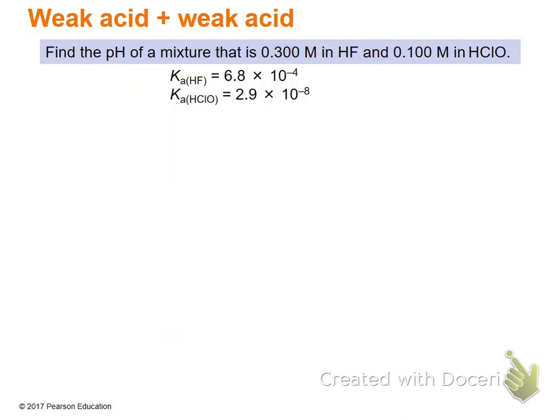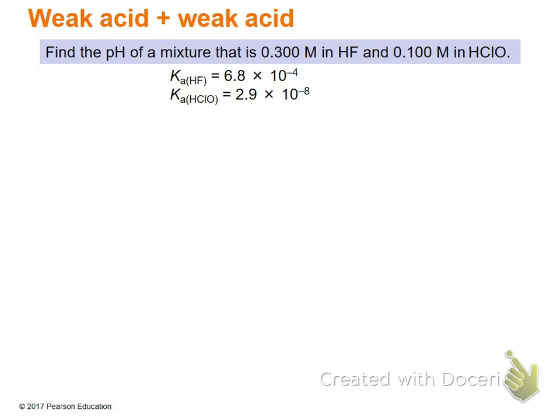Okay, so what if we have both weak acids in that mixture? How do we find the pH of a mixture that is 0.300 molar hydrofluoric acid and 0.100 molar hypochlorous acid?